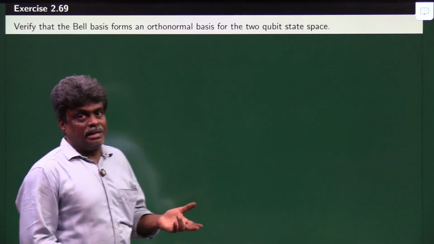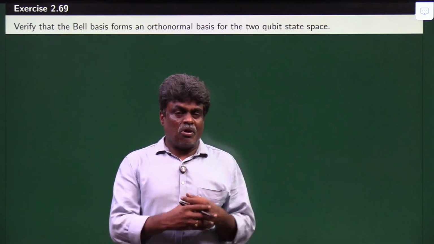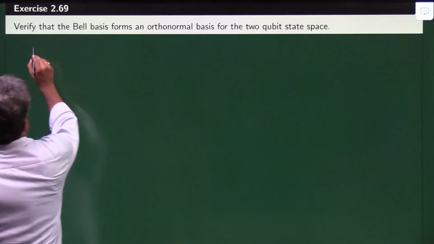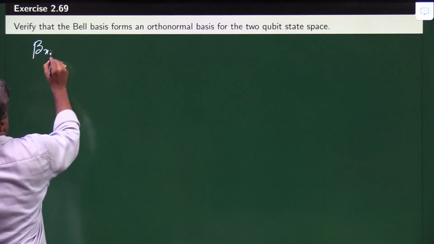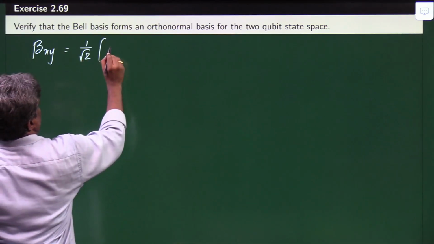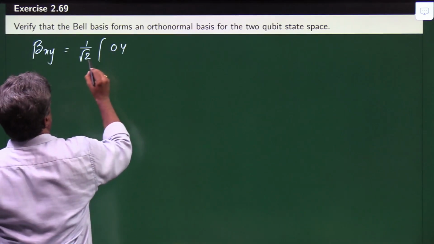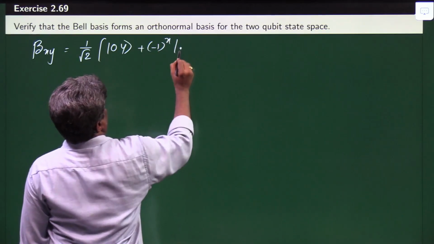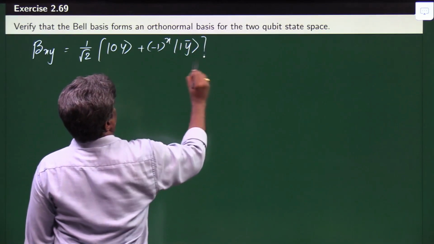And here they are asking to verify that the Bell states form an orthonormal basis. Okay, fine. Let us write the general form of a Bell state, beta xy equals 1 over root 2 times ket 0y plus minus 1 whole raised to x ket 1 y bar.